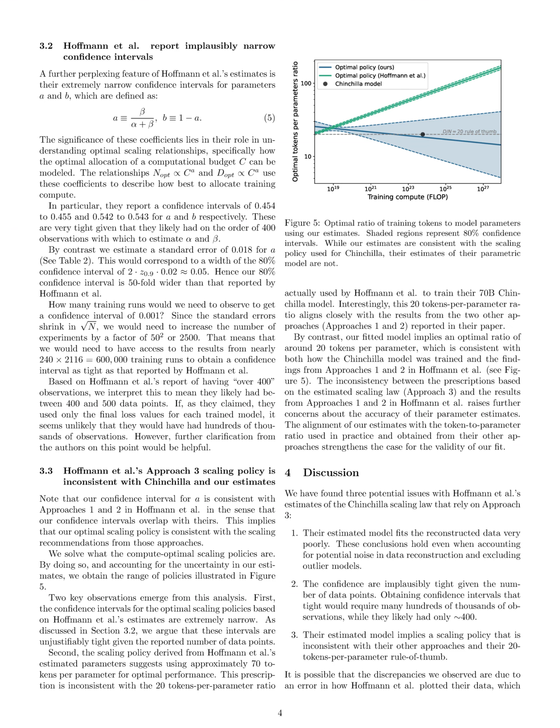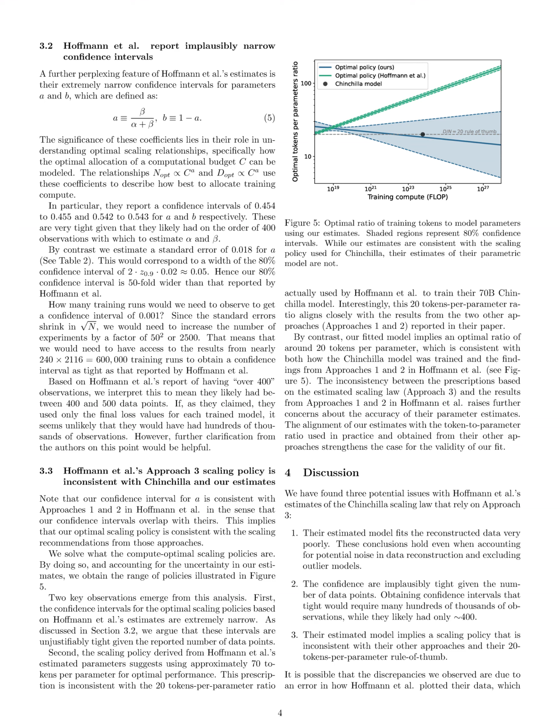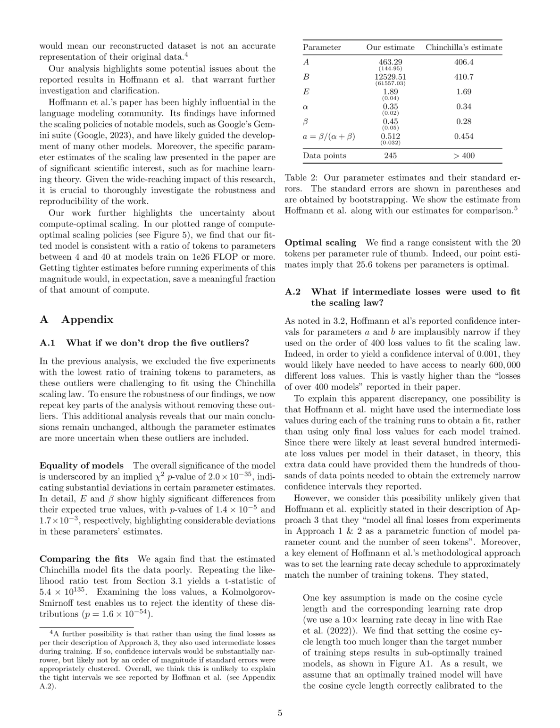Furthermore, the new method demonstrated inconsistencies between Hoffmann et al.'s estimated scaling policy and the scaling recommendations from other approaches, suggesting potential issues with the accuracy of their parameter estimates. Overall, the new method provided critical insights into the limitations and discrepancies in Hoffmann et al.'s reported results, emphasizing the importance of further investigation and clarification in this area of research.